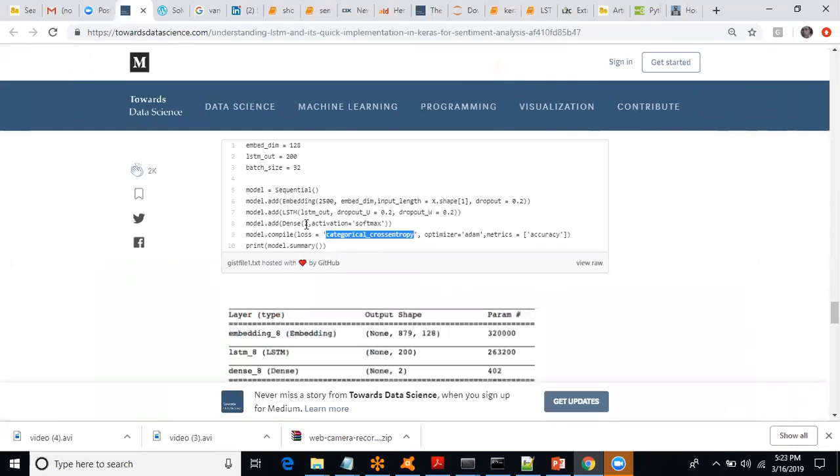You can put binary cross entropy also if the number of outputs is 2. Sorry, it's 3. Positive sentiment, negative sentiment, and neutral, right? So that's why it is categorical cross entropy. It's not binary. Otherwise there is binary cross entropy here. The optimizer is always Adam in all the networks, CNN and RNN both. Metrics you can put accuracy. That's all.